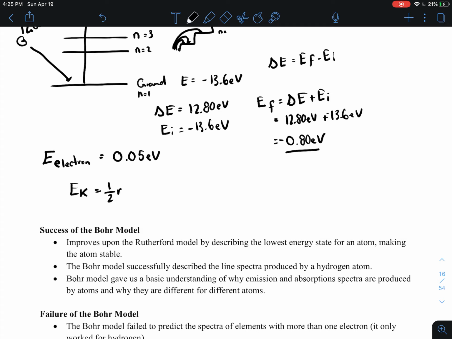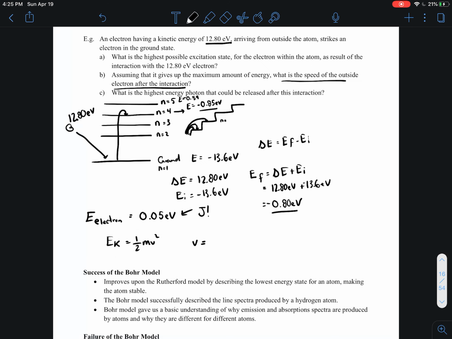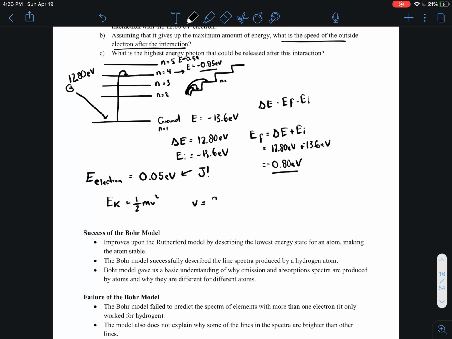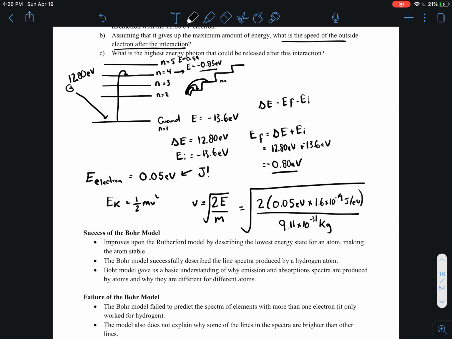If we're talking about kinetic energy, we can make it equal to 1/2 mv squared and solve for that velocity. The only issue is this needs to be in joules. Assuming the maximum energy, what is the speed of the electron after the interaction? We go square root of 2 times 0.05 electron volts multiplied by 1.6 times 10 to the negative 19 joules per electron volt, divided by the mass of an electron, 9.11 times 10 to the negative 31 kilograms.